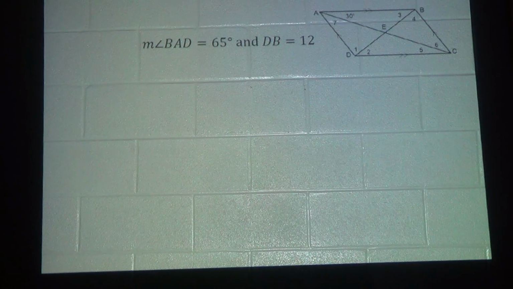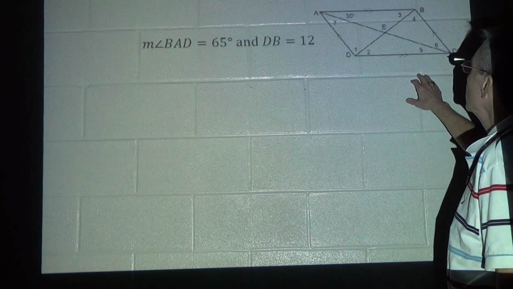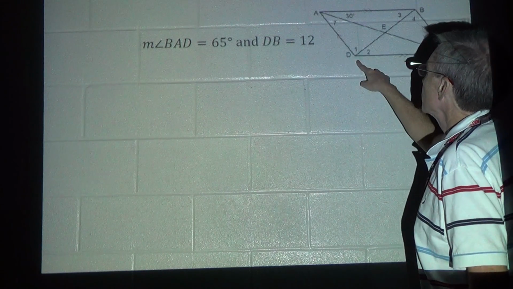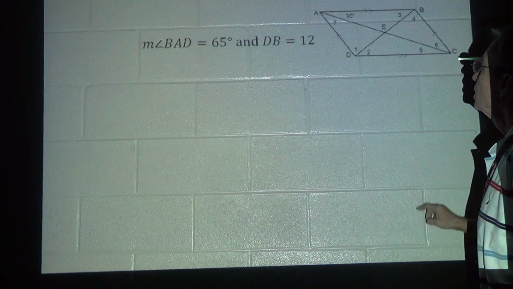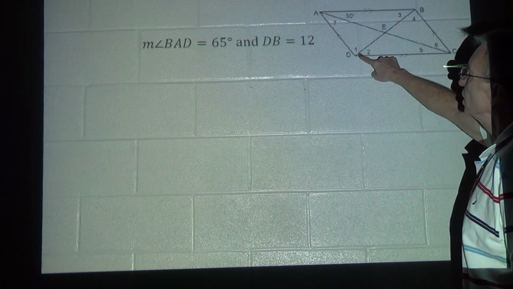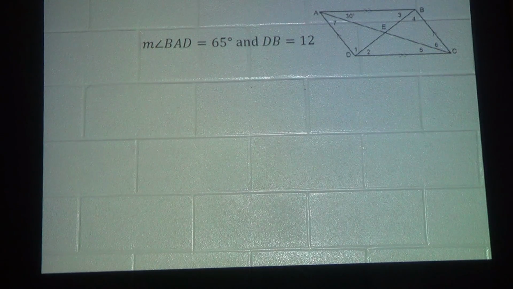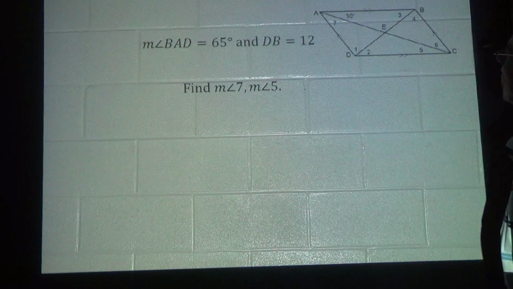Okay, let's move on to example 10. In this case, they're telling us that angle BAD, which is this big angle right here, is equal to 65 degrees, and that the length of DB, this diagonal right here, is equal to 12. The first thing they want us to do is find the measure of angle 7 and the measure of angle 5.